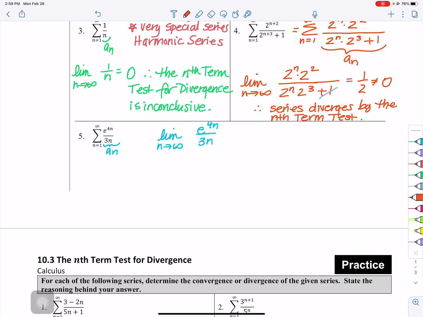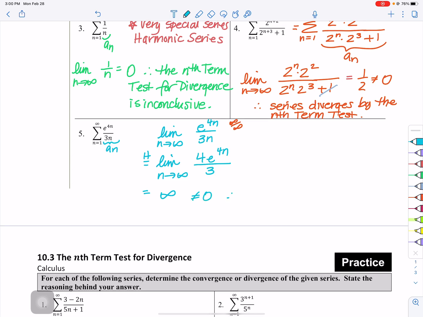Now, as you can see, we have infinity over infinity, so we could apply L'Hopital's rule, and we would have 4e to the 4n divided by 3, and that would leave e to the infinity in the numerator, and that's going to be infinity. And that is not equal to 0. Therefore, the series diverges by the nth term test for divergence.